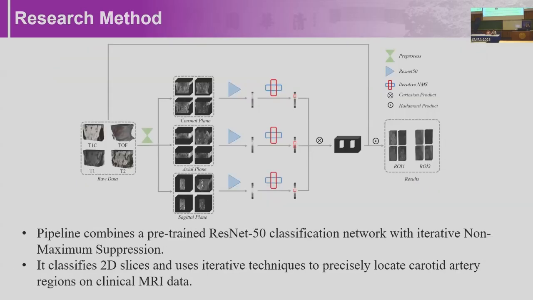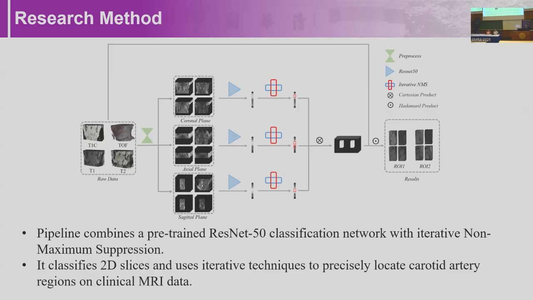And this is the overview of our pipeline. The input raw images will be standardized first, and will be sliced along different directions to get slice images from different planes, such as axial and sagittal planes. And we will use a pre-trained ResNet classification network to determine whether these slice images contain plaque or not.